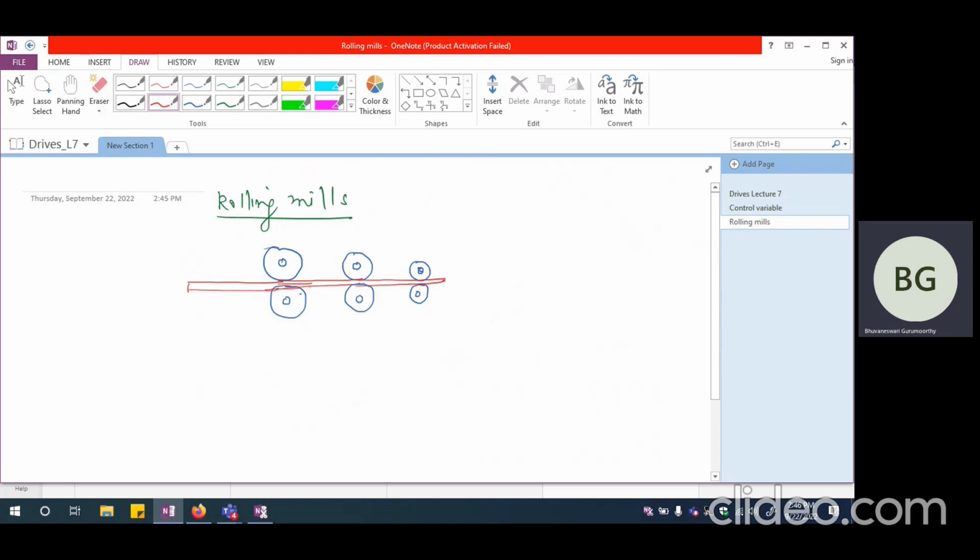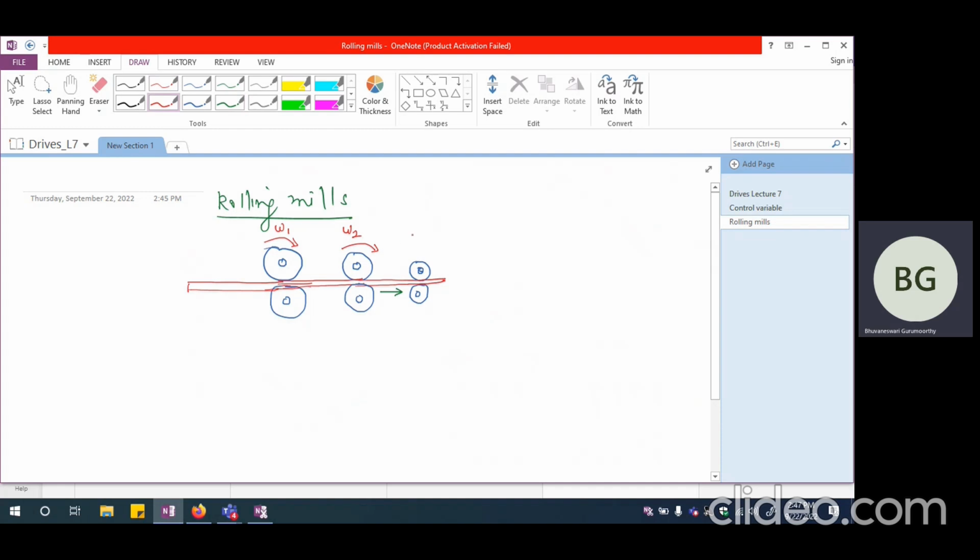Compared to the first set of rollers, which are rotating at a speed of omega 1, the next set of rollers, rotating at omega 2, has to rotate faster because the same sheet of steel, which has now elongated, has to pass through so that no crease is formed.